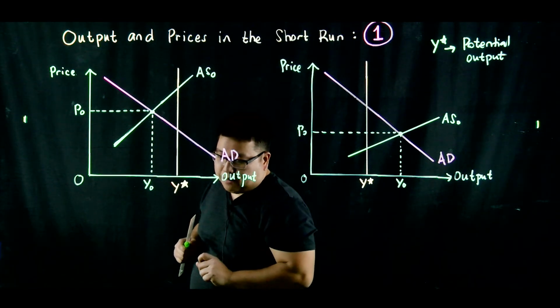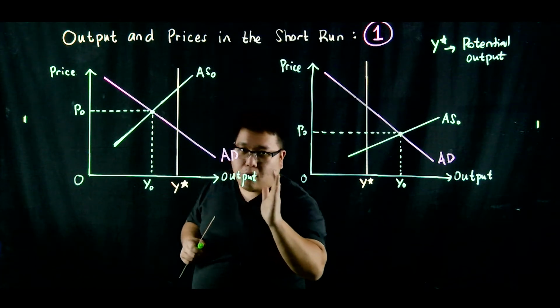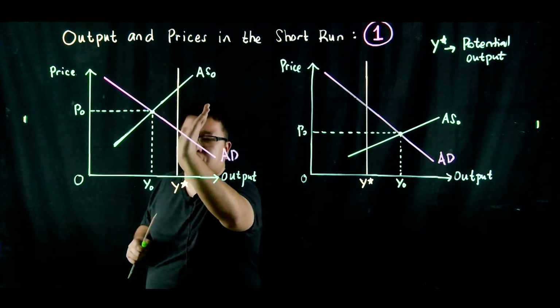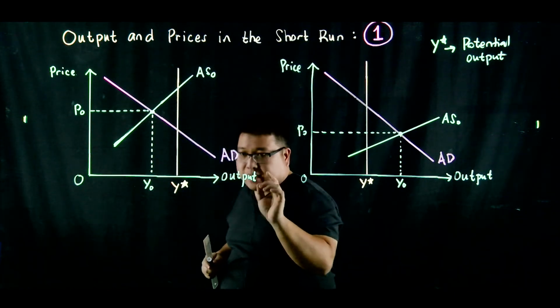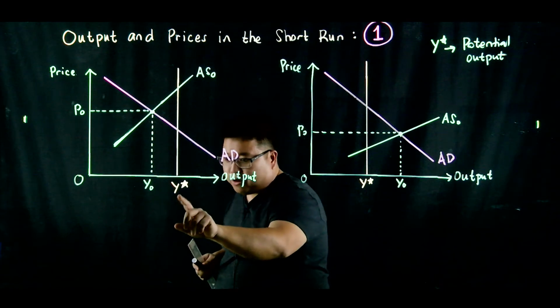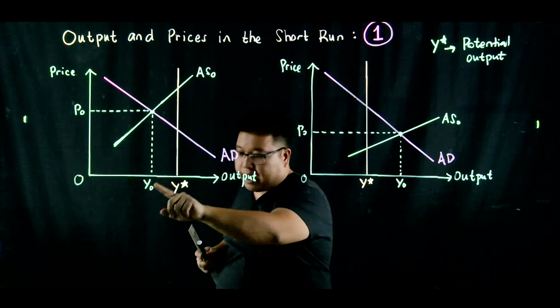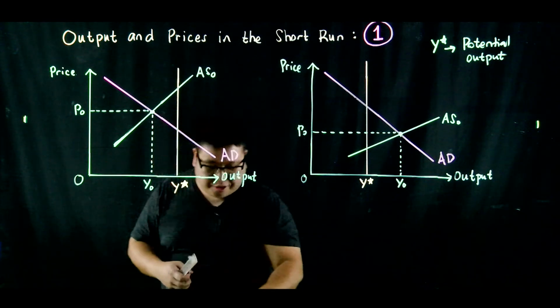Okay? Now, what happens there is the following. In order for our economy to go back to its potential level, this aggregate supply curve has to shift to the right. Now, if potential output is to the right of equilibrium output, in other words, if Y star is to the right of Y0, then we have what we call a recessionary gap.